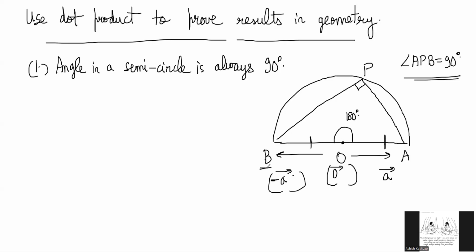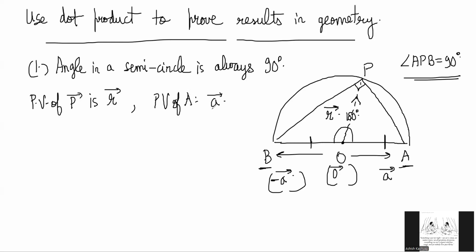So we know the location of the B vector and the A vector. Let's say the position vector of P is R vector. So we are saying the position vector of P is R vector and the position vector of A is A vector, right?